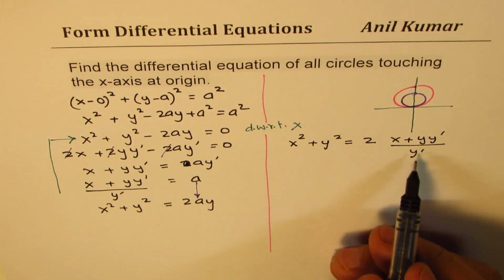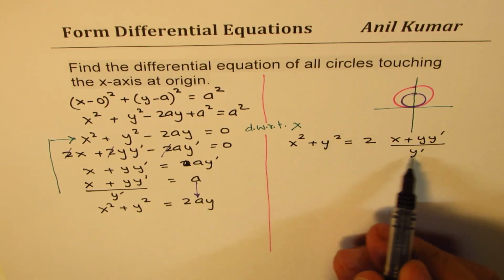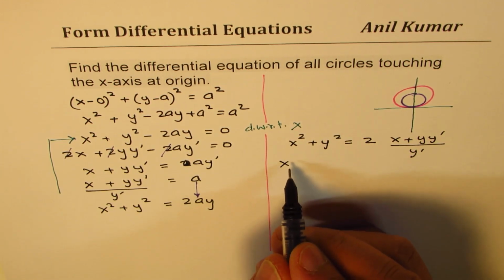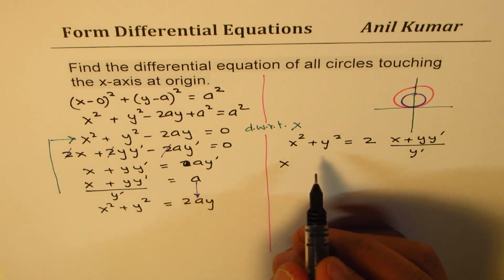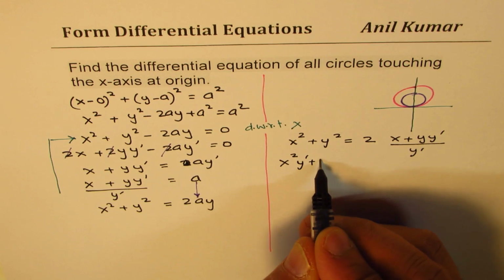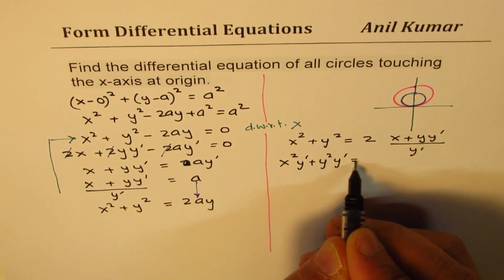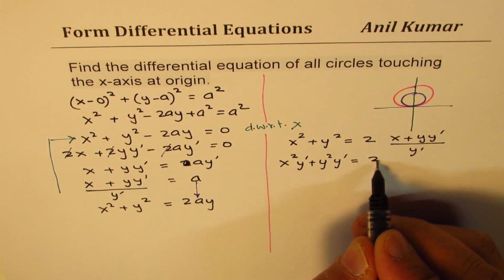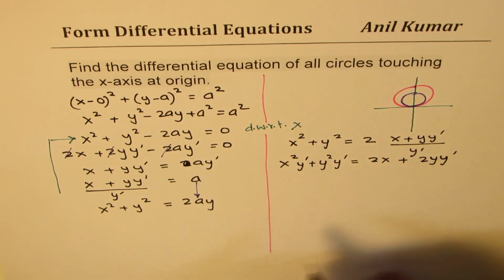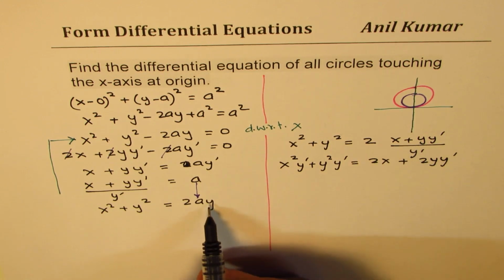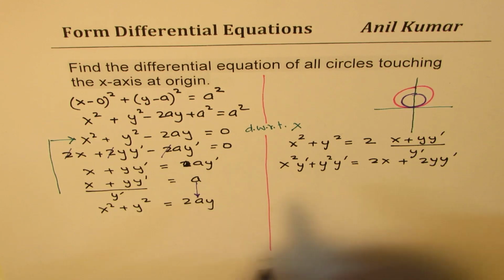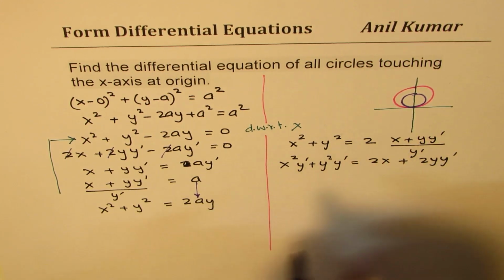Got it? So we can now multiply and then rearrange, correct? So we get x square y prime plus y square y prime equals 2x plus 2y y prime. We substituted a, but I forgot to multiply by y. That is a mistake I made. So 2ay, so 2a is this. I have to multiply by y.